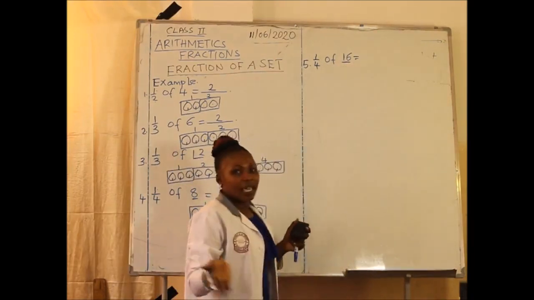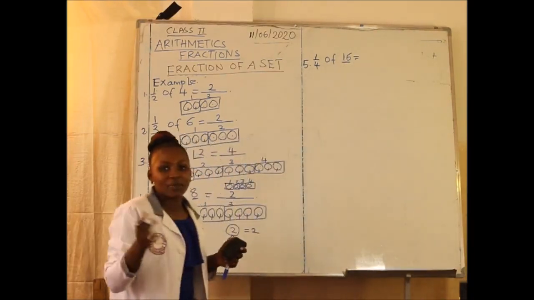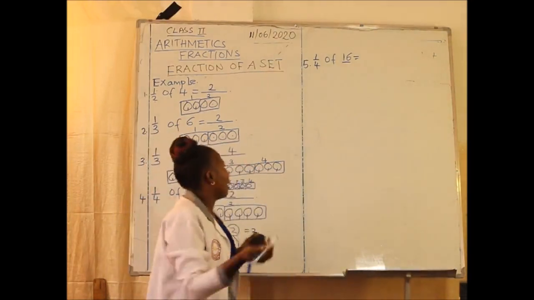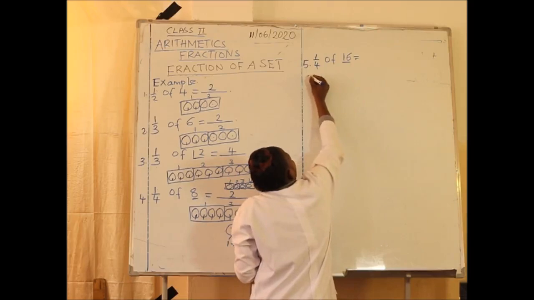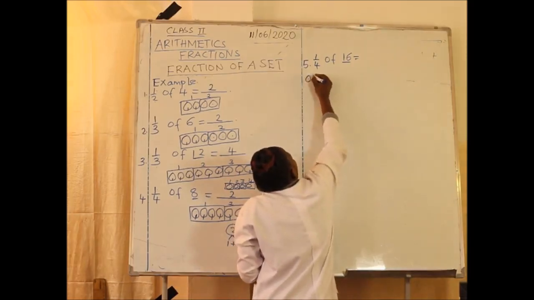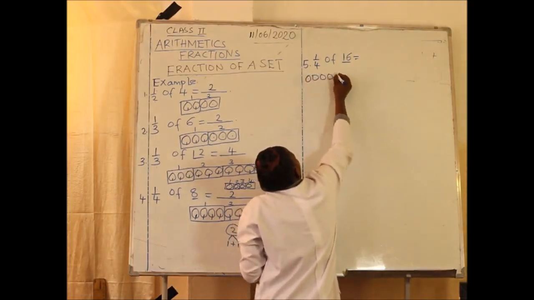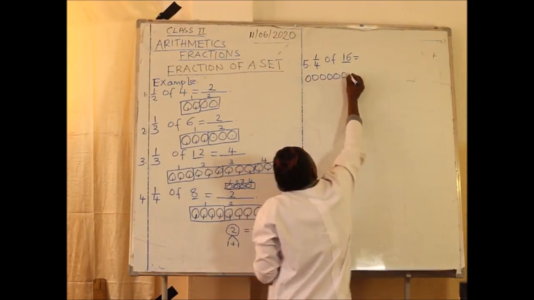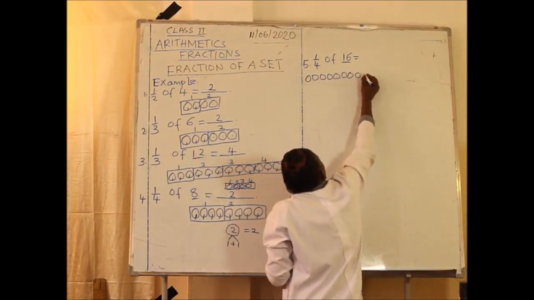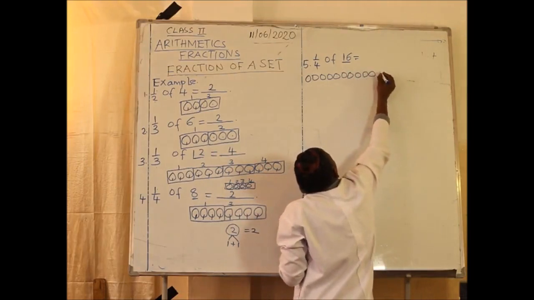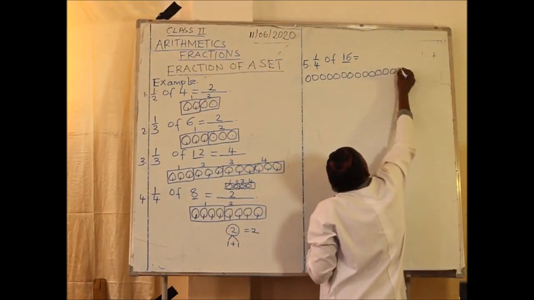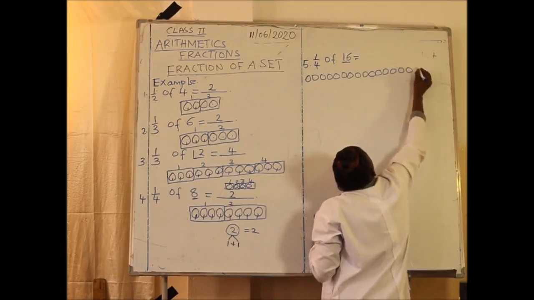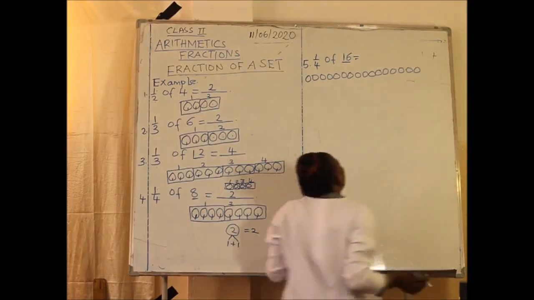Might be sweets, they might be chocolates, or sometimes might be bananas and other things. So we have to draw 16 items. That is 1, 2, 3, 4, 5, 6, 7, 8, 9, 10, 11, 12, 13, 14, 15, 16.